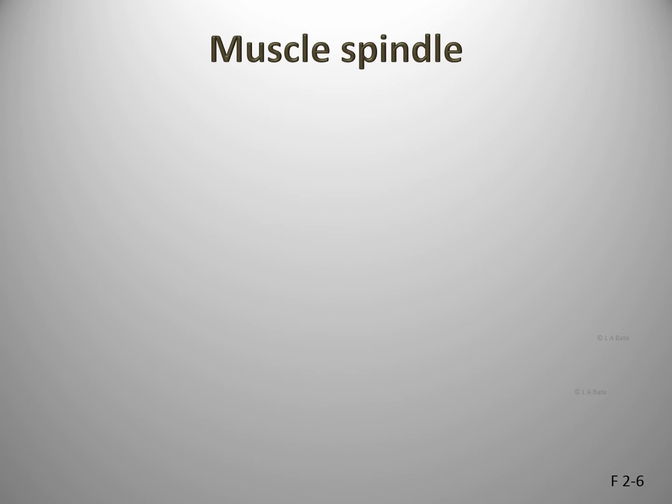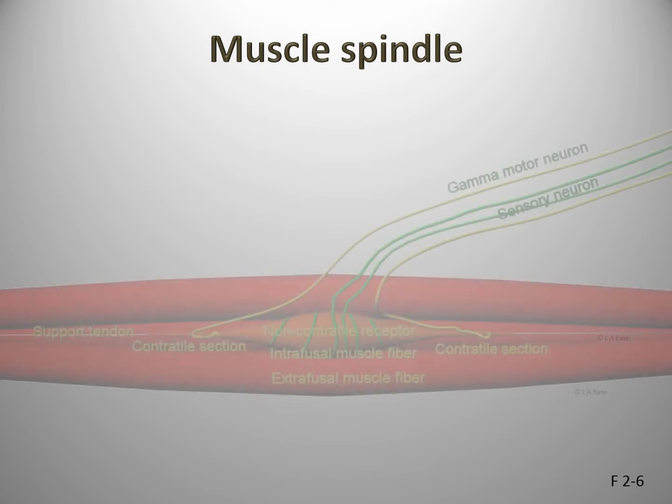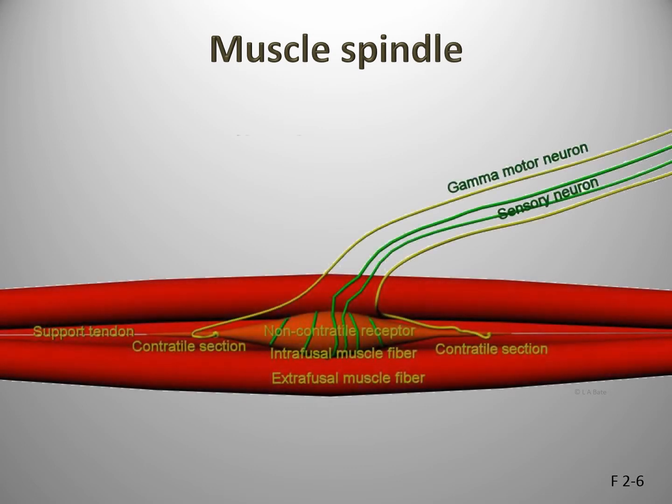In order to describe the myotatic reflex, we first must further explain the details of the muscle spindle. We know that the muscle spindle is nested within the extrafusal muscle fibers of the muscle.